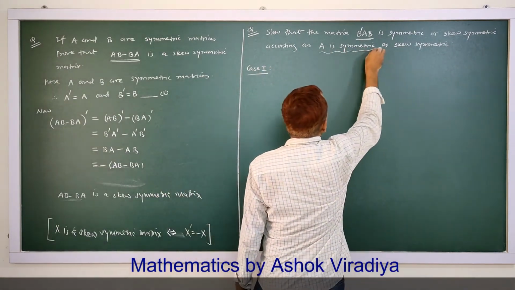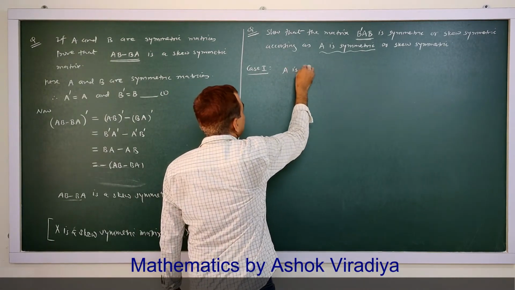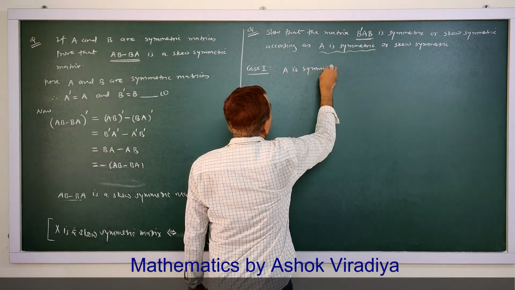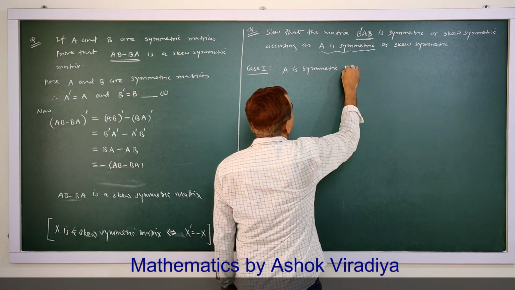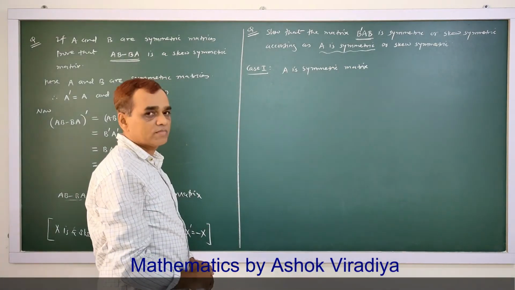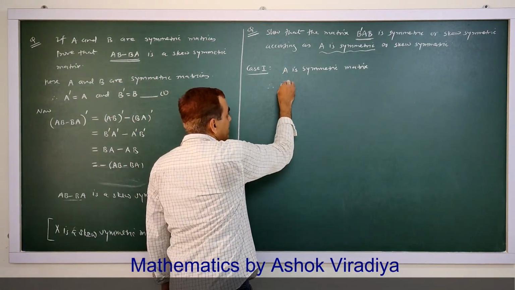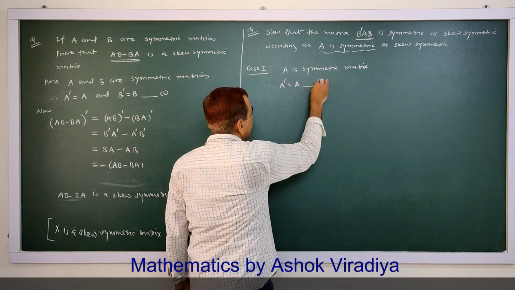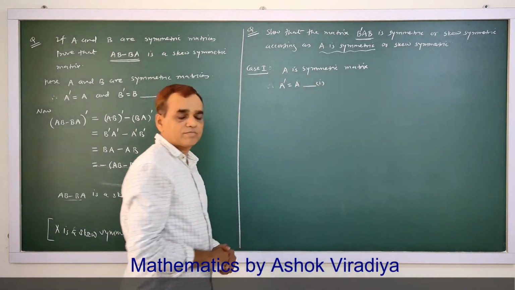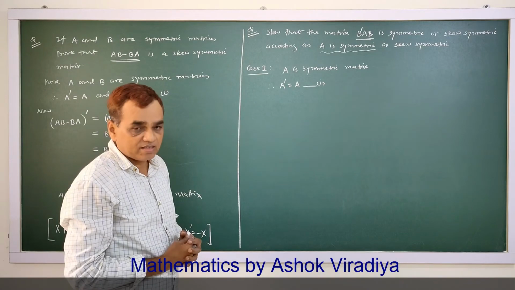Suppose A is a symmetric matrix. If A is a symmetric matrix, then transpose of A is A.